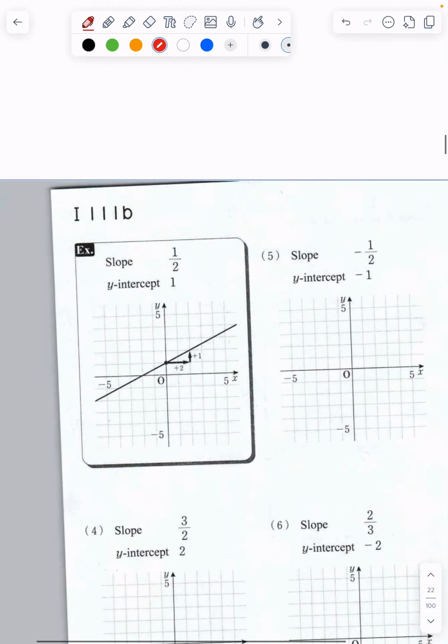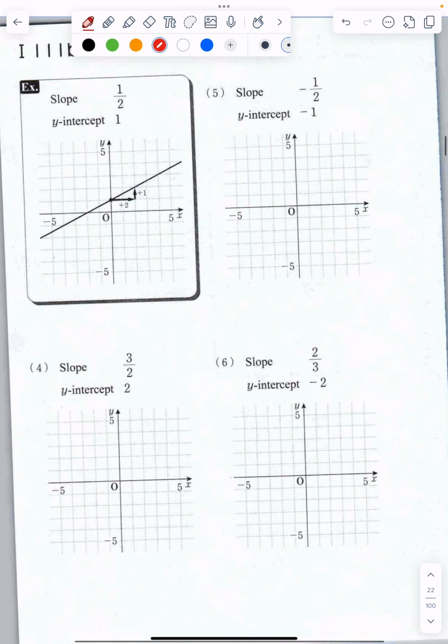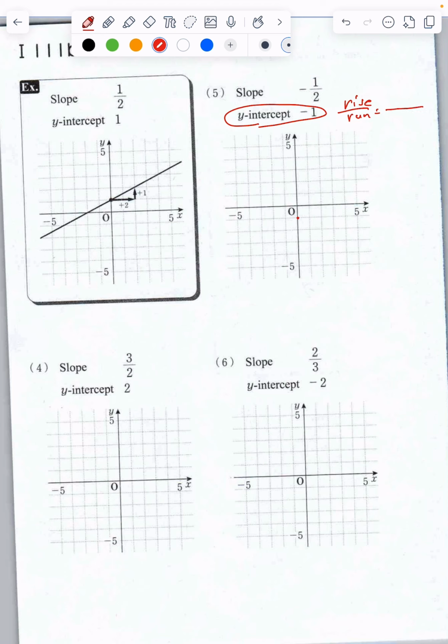Okay? So let's try a slope with the fraction over here. So if I have my y-intercept is -1, this is my -1, and my slope is -1 over 2. So rise over run, and you can decide whether you're going to have the negative going with the rise or negative going with the run. So in this case, I'm going to go with the rise. So it's going to be -1 and 2, right?